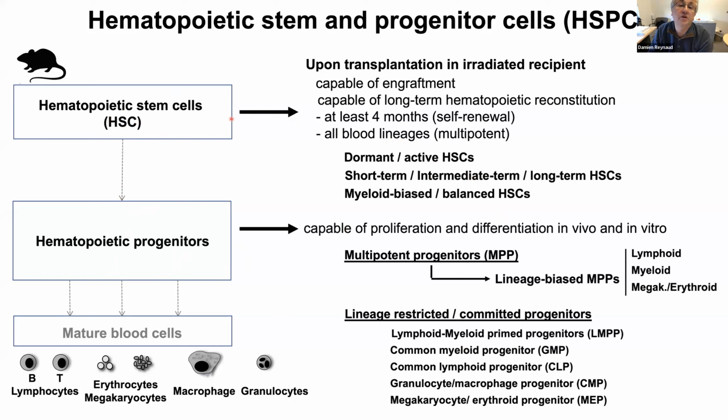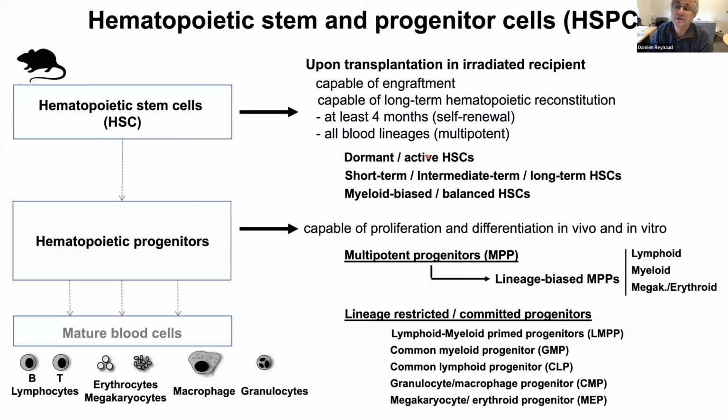For the hematopoietic stem cells, people have shown heterogeneity based on their level of quiescence, their level of self-renewal, or their lineage potential. For example, people have defined dormant and active HSC.